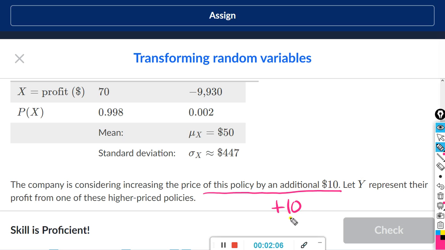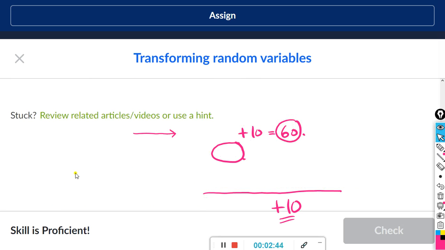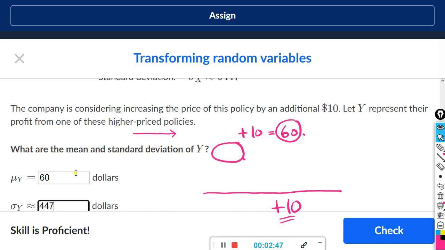We said at the beginning, adding changes the mean, but not the standard deviation. So you just add $10 to the mean, and 50 plus 10 is 60. Adding or subtracting does not change the standard deviation, so this value remains unchanged. The new mean is 60, the new standard deviation is still 447. So type 60, click tab, and then type 447.